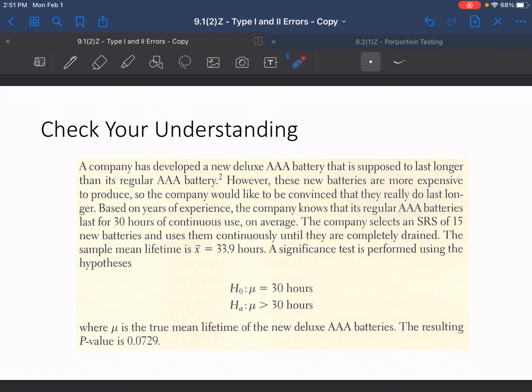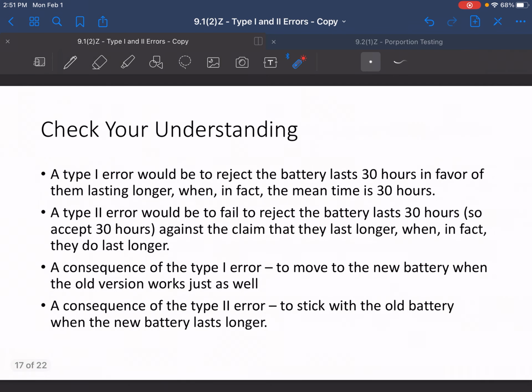So a significance test is performed using the hypotheses that the null hypothesis is that the mean lifetime of that battery is 30 hours. The alternate hypothesis would be that the mean lifetime is greater than 30 hours. Where mu is the true mean lifetime of the new deluxe AAA batteries, the resulting p-value for this is 0.0729.